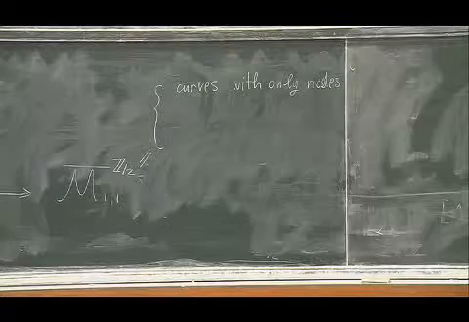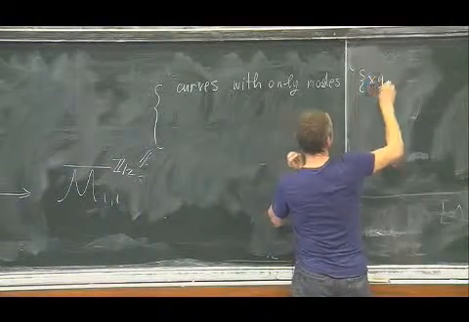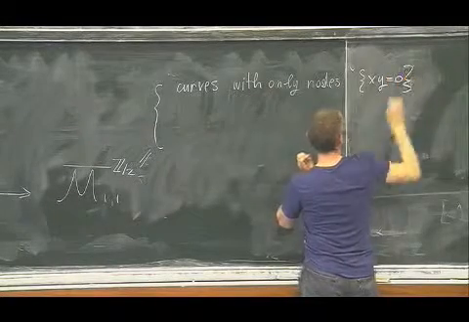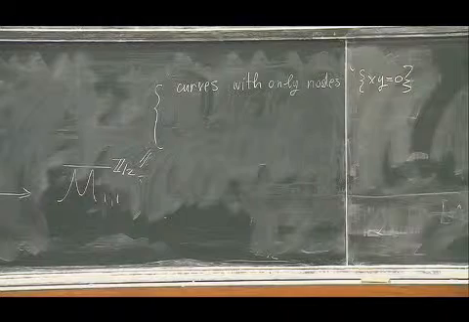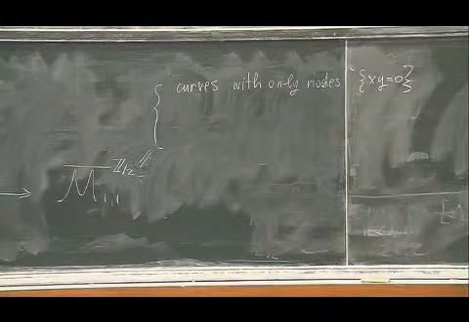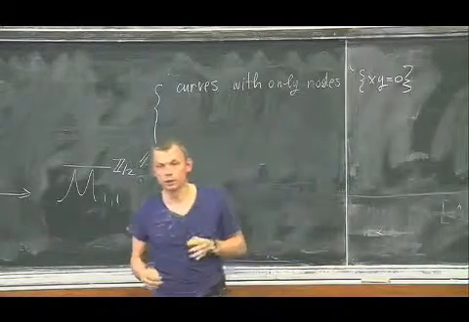Okay? So when I say nodes, I say something that locally looks like this. Okay? But now I'm adding a new information, which is that I'm requiring that all those nodes are orbifold nodes.